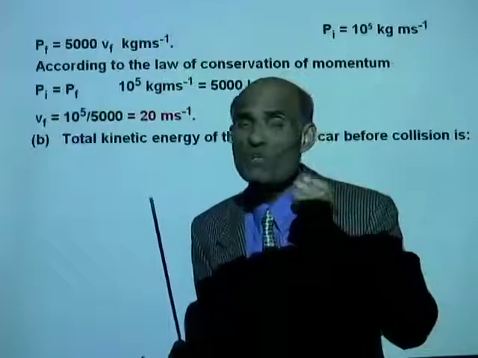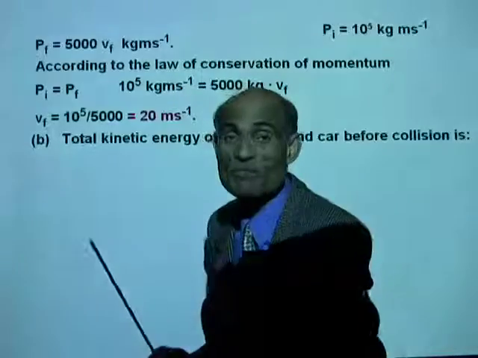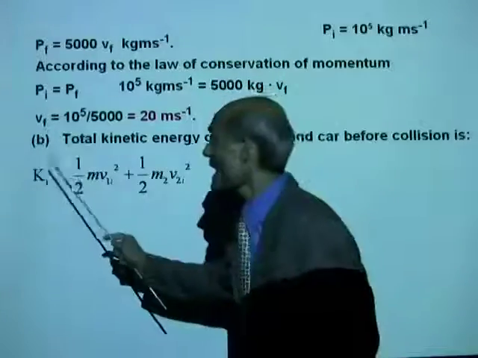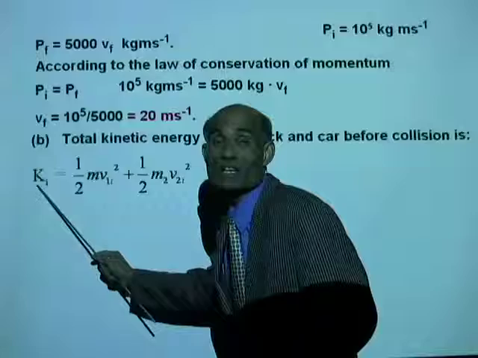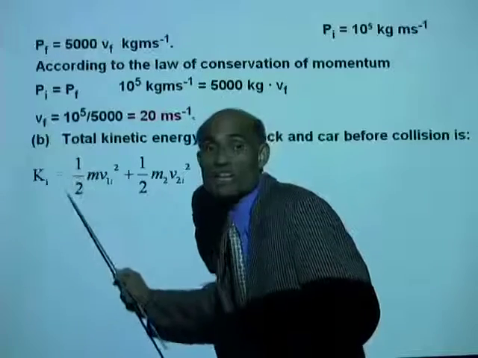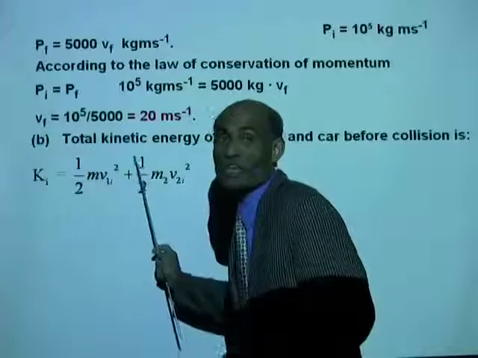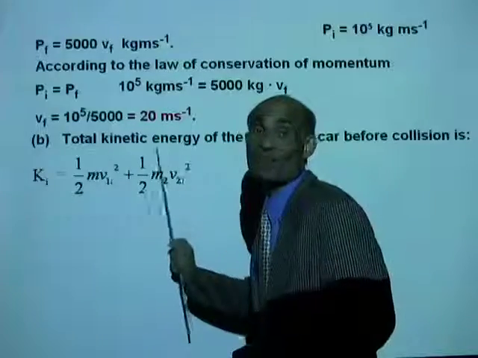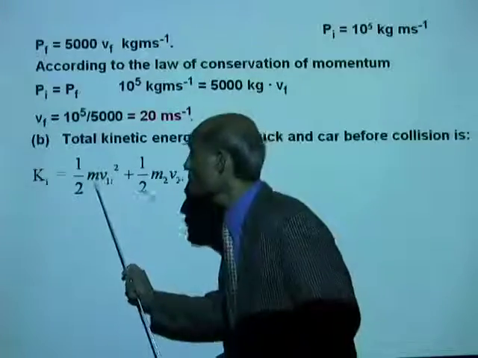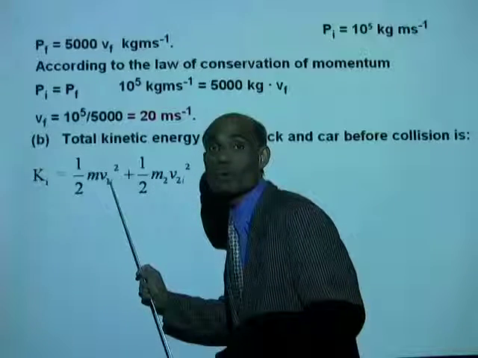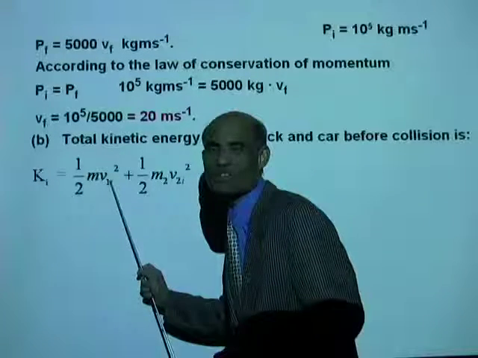Kinetic energy is 1/2 mv squared. So Ki, the initial kinetic energy, is the initial kinetic energy of the truck plus the initial kinetic energy of the car.